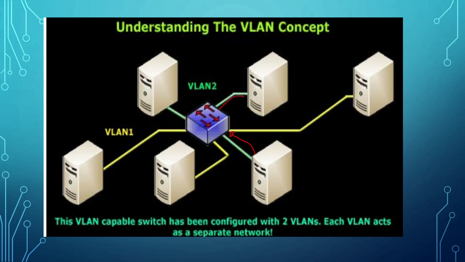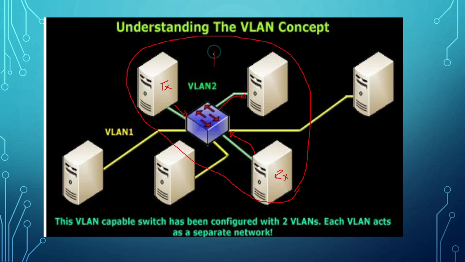Every time si PC1, if this is your TX, and this will be your RX, the receiver, yung broadcast domain lang niya is sila lang yung magko-communicate within their broadcast domain. So, BD1 nila.